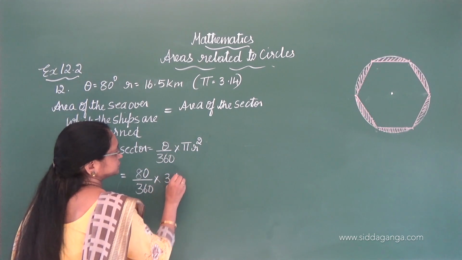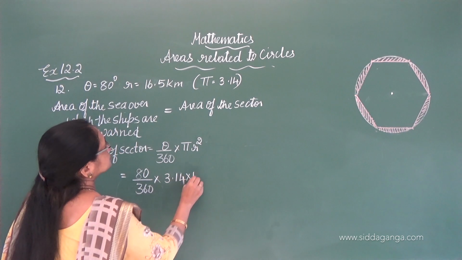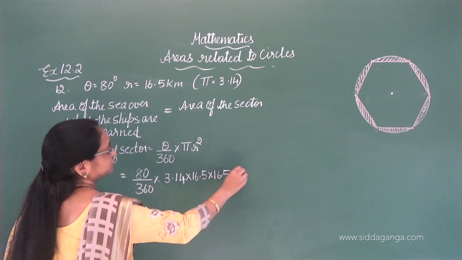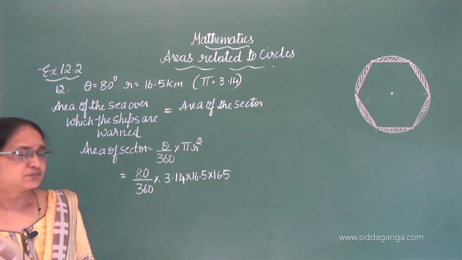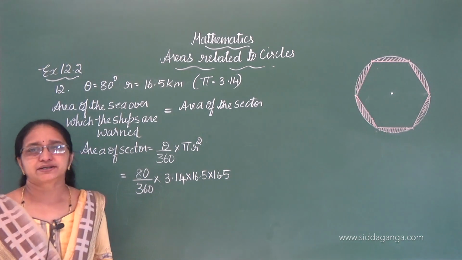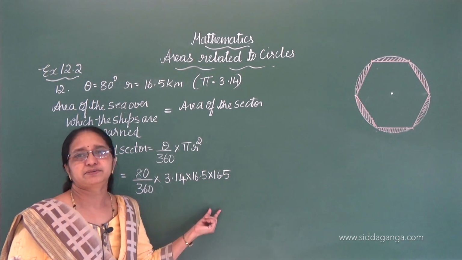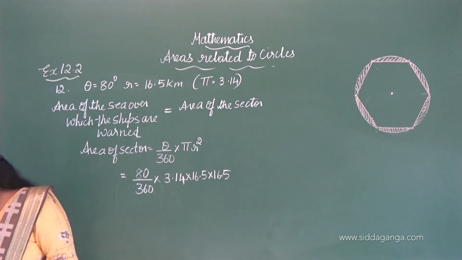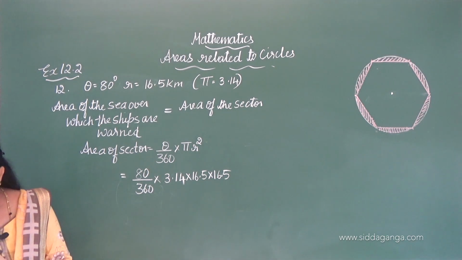Pi here you have to use 3.14 into r, 16.5 into 16.5. So here you can see the decimal points. So to avoid that, you can divide by 100, this you can divide by 10, divide by 10. The calculation will be easy. So let us try to do it.